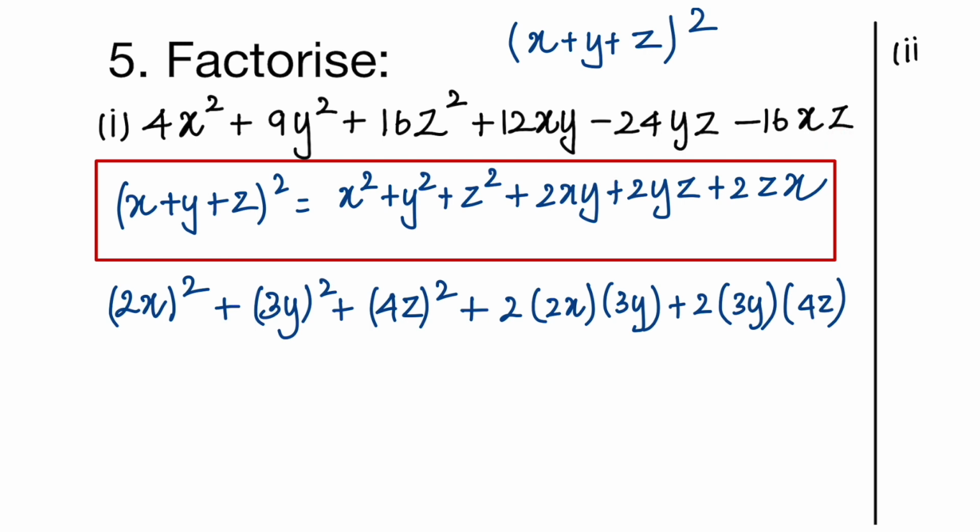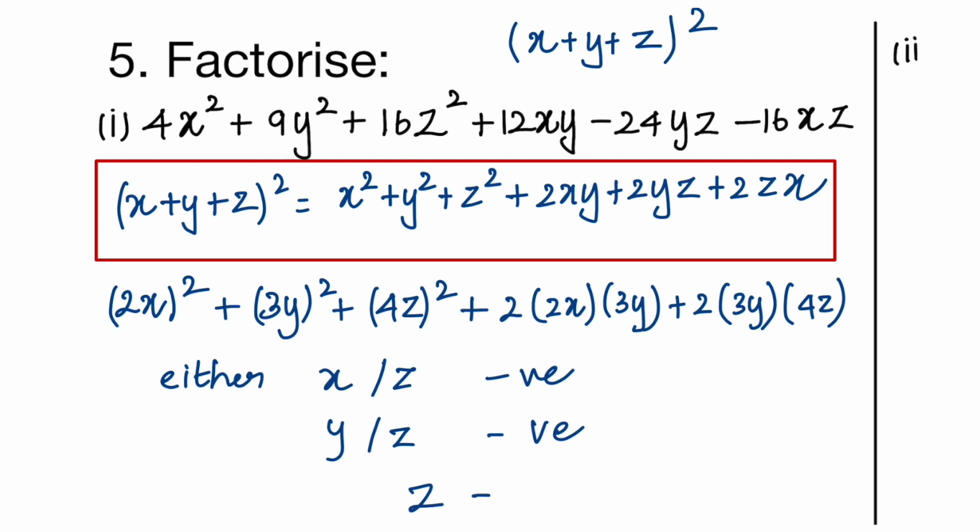So let me just write it here. Either x or z is negative, and with 24yz, you can tell that either y or z is negative. Now if you compare these two, you can tell that z is negative, because in one case x or z is negative, and in the other case y or z is negative, and z is common in both these.